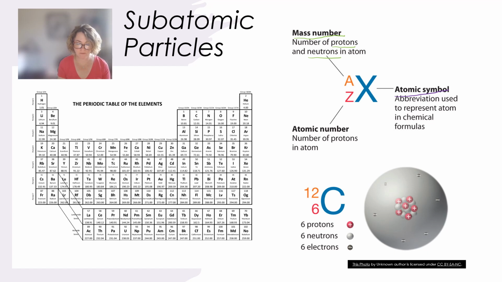The other important piece of information is the atomic number, and that is the number of protons. I want you to be thinking that this atomic number, or the number of protons, is going to help us identify that particular atom. So if I tell you that you have an atom that has 2 protons, I know that atom is helium, because helium, that number right above the symbol, is the atomic number.